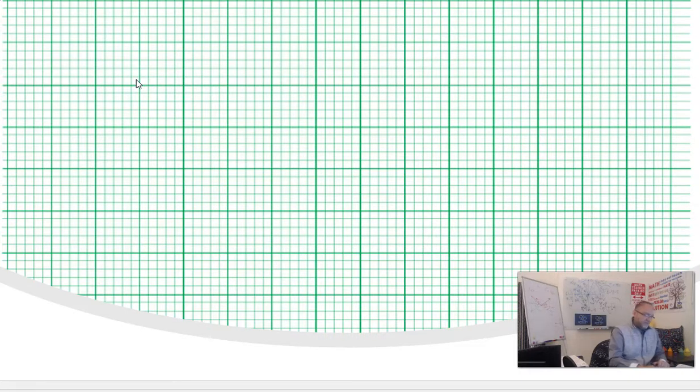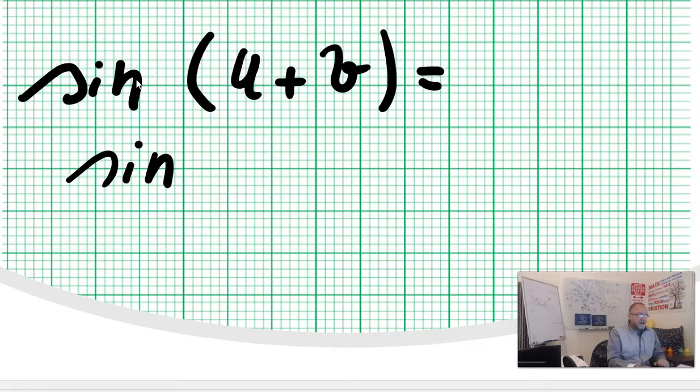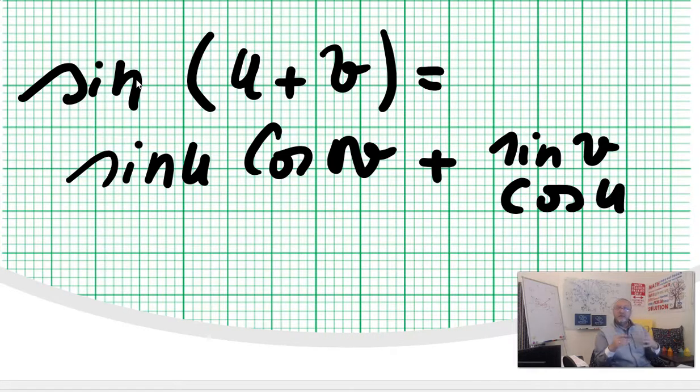So when you have sine of, let's say, an angle U plus an angle V, you get them out as sine of U cosine of V plus sine of V cosine of U. When we get to that, we're going to explain how we got it, and we're going to derive it.